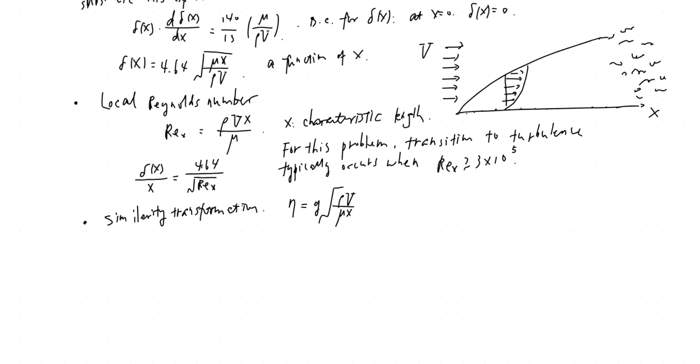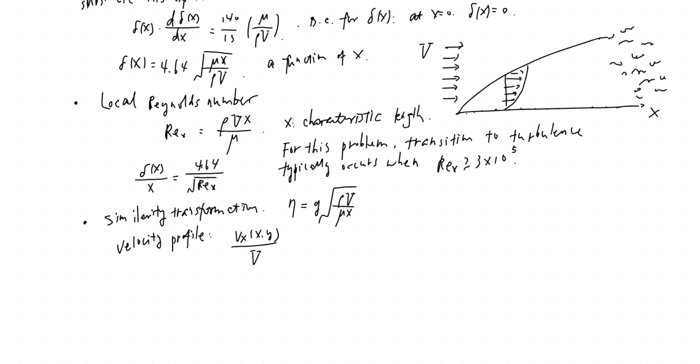If you use this, you can go back to the velocity profile. Now our velocity profile is expressed as the normalized velocity. We normalize it because we want a non-dimensional number.